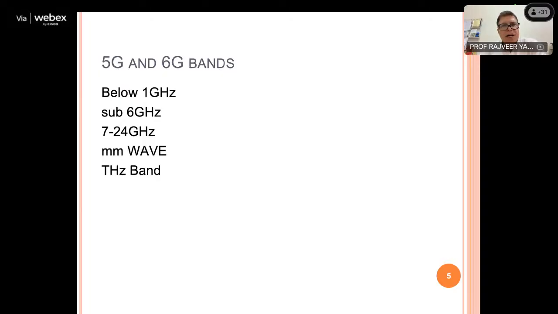When I talk about 5G and 6G, different bands are there. We have also been given a project between 7 to 10 gigahertz, and that 7 to 10 gigahertz is 6G, a sub-6G in-band post-6G communication.